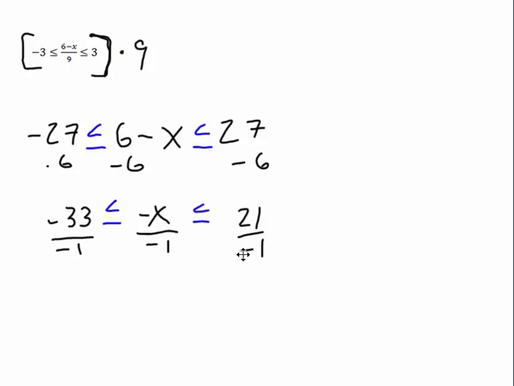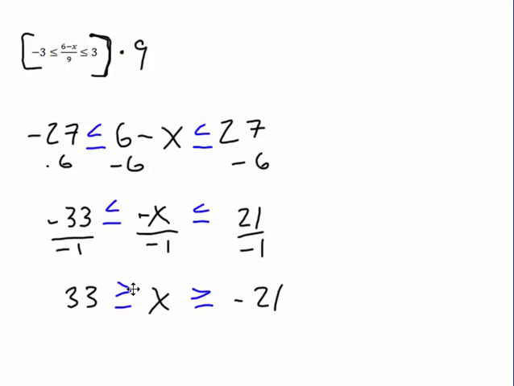And again, I've divided by negative 1, which is okay to do as long as we follow the rules, right? So negative 33 divided by negative 1 is a positive 33. Negative x divided by negative 1 is a positive x. 21 divided by negative 1 is a negative 21. Now, since we have divided by a negative, we have to flip our inequalities. Here we're flipping our inequalities.